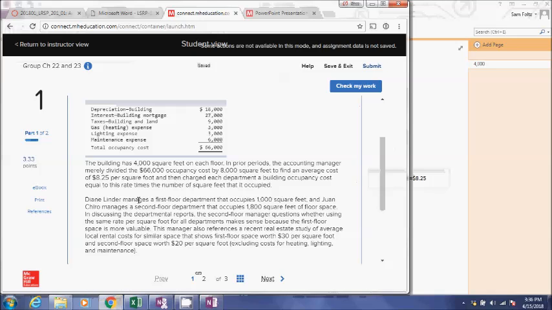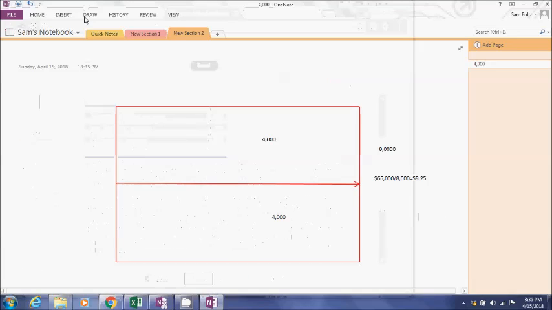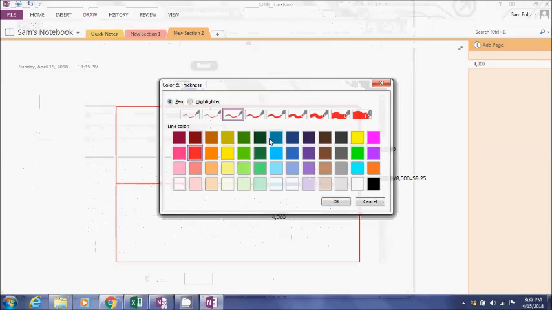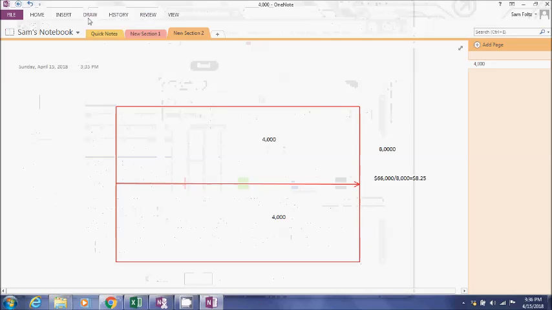So Diane Linder manages a first floor department that occupies 1,000 square feet, and Chiro's on the second floor, and he occupies 1,800 square feet. All right, I think we can figure that one out too. Let me change color here real quick. Let's see if we can visualize this one.